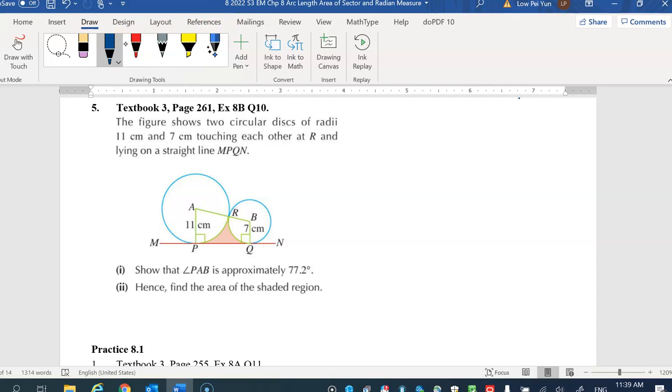So AR is 11 and RB is 7. This is the radius, this is the radius.